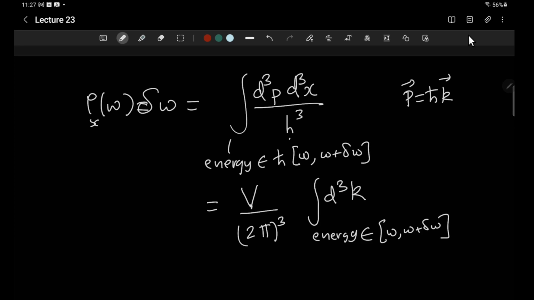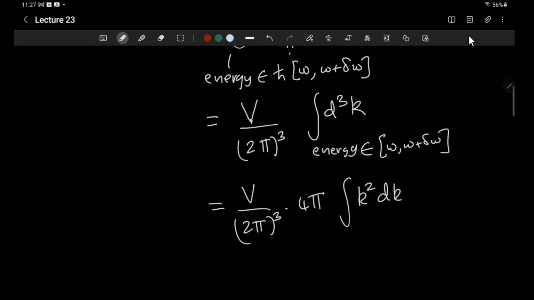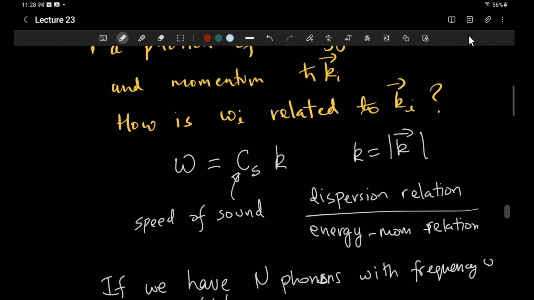Since the energy only depends on the magnitude of k, I can just go ahead and do the angle integration in k space. So I will get V into 2 pi whole cubed into 4 pi into k squared dk, with the condition on the energy. Now we can use the dispersion relation, omega equals Cs k.